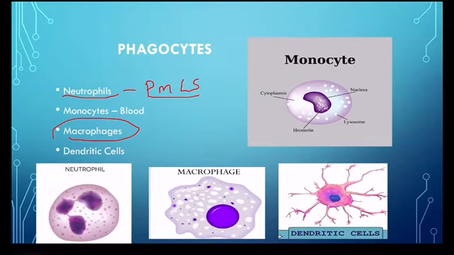Another important cell is the monocyte. Monocytes are the largest leukocytes, constituting about 5 to 10% of the white blood cells.